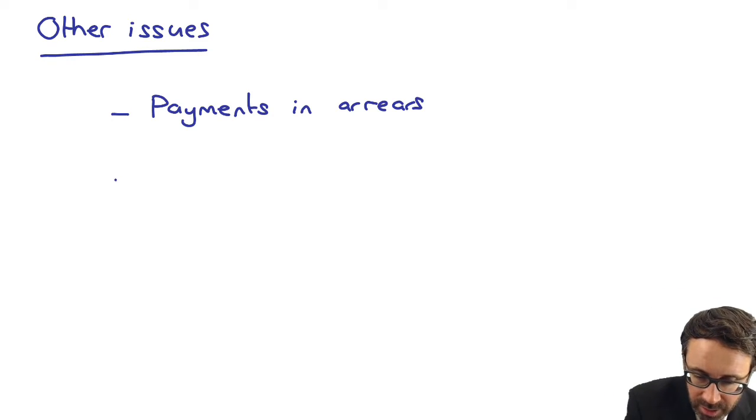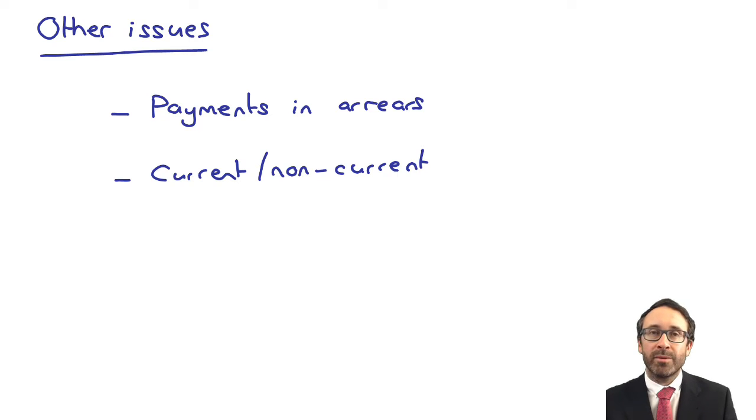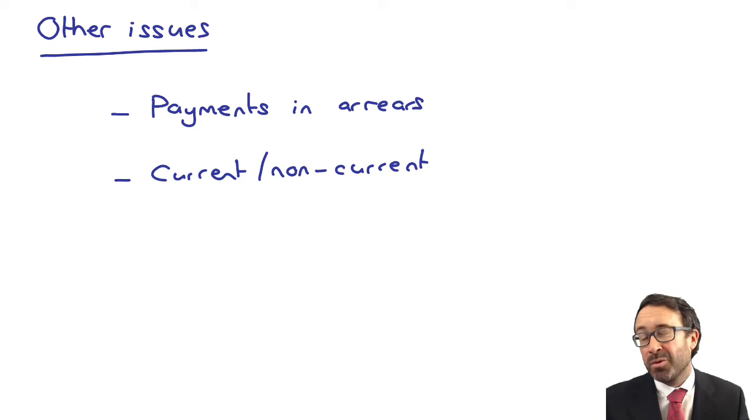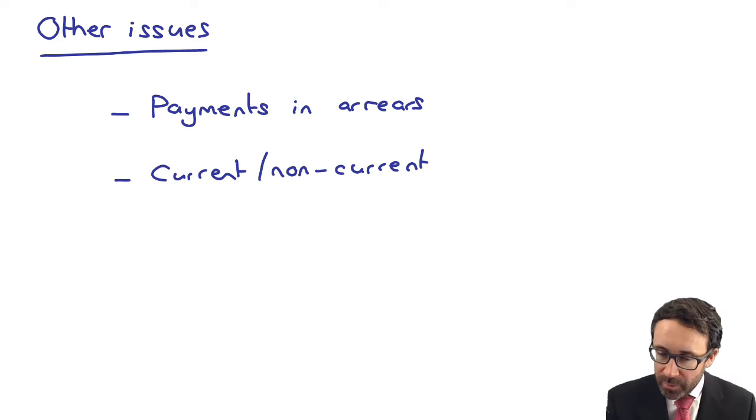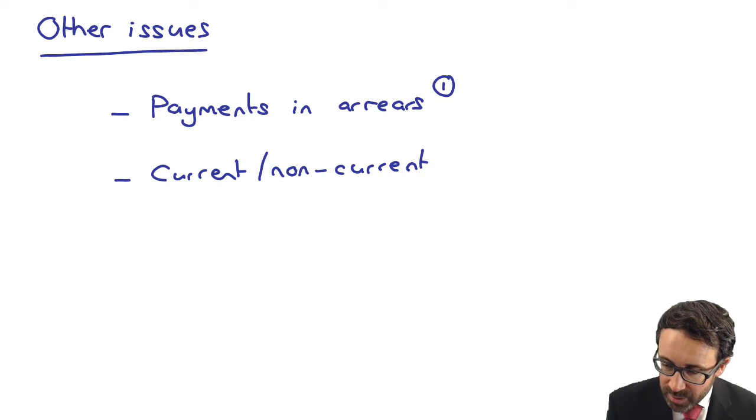We also need to have a look at splitting that liability into current and non-current amounts. And that's it. Once we've done that, that's boxed off pretty much everything that we need for now on our leases within this chapter. So if we look at the first one, the payments in arrears.